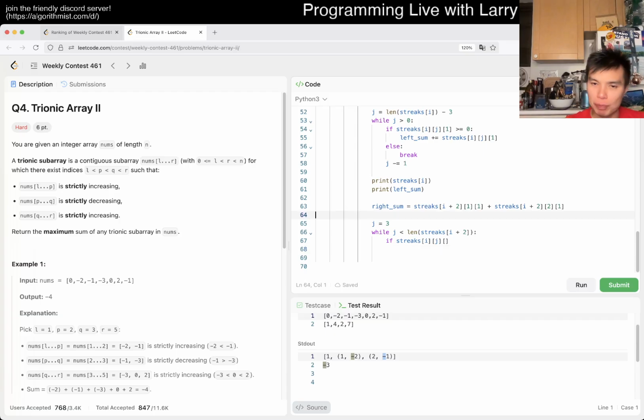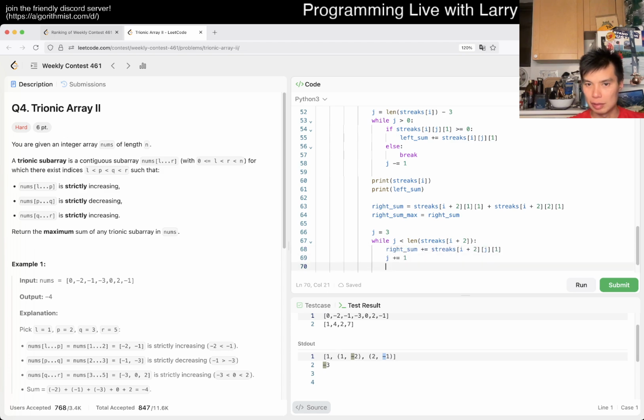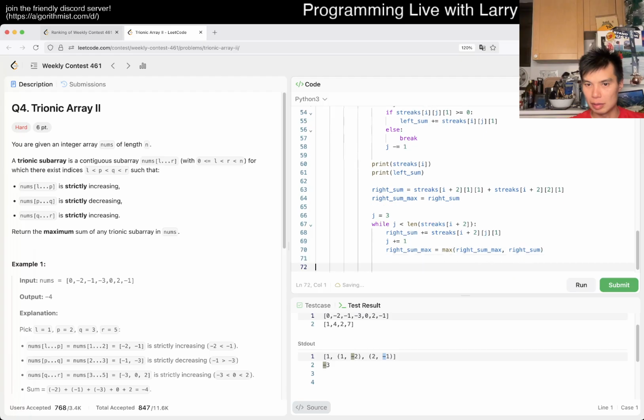Okay, I mean we just loop over it actually, right? Okay, that's fine. And then now we want to say, I guess we didn't need the prefix sum, but j sub 1, right? So right sum, right sum max. Okay.